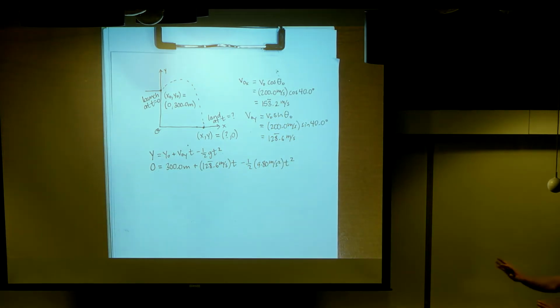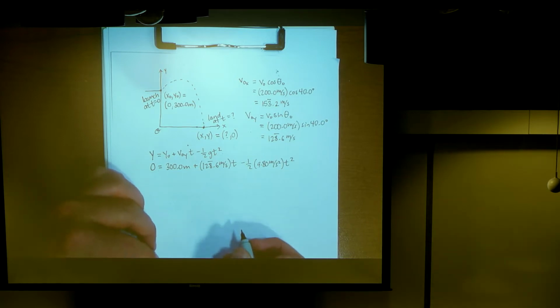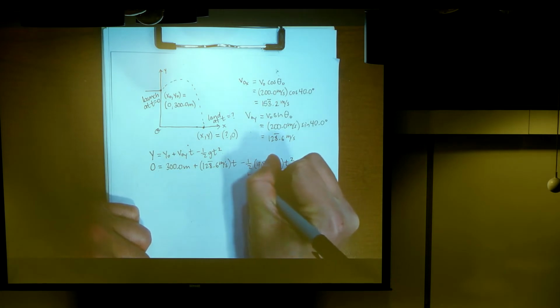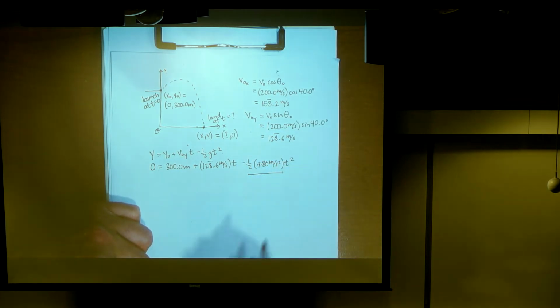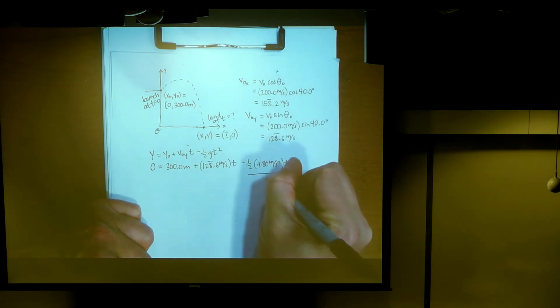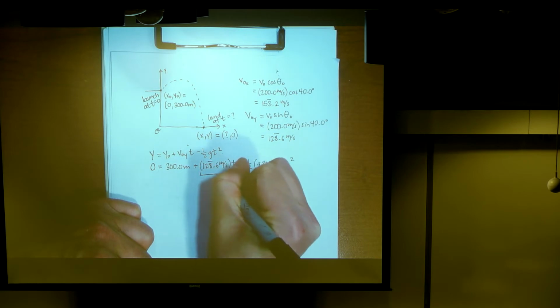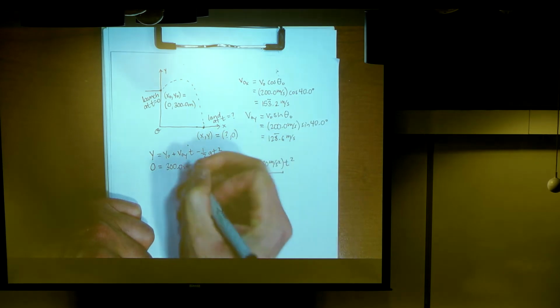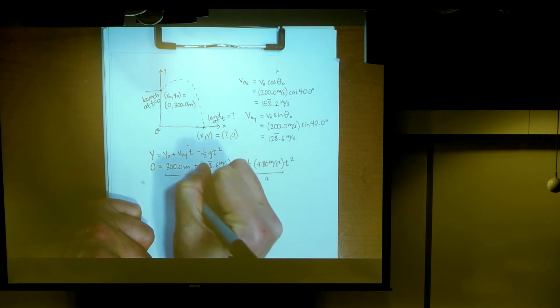So that's a nice quadratic expression, right? Let's just review how this is going to work. The term in front of t squared, in the quadratic formula, what do we call that? A. That's the a term. This is the b term, and this is the c term.